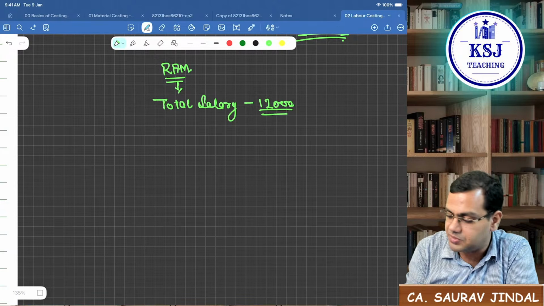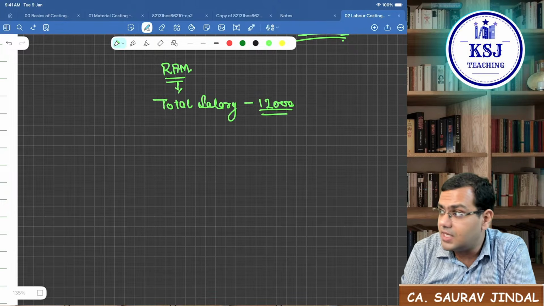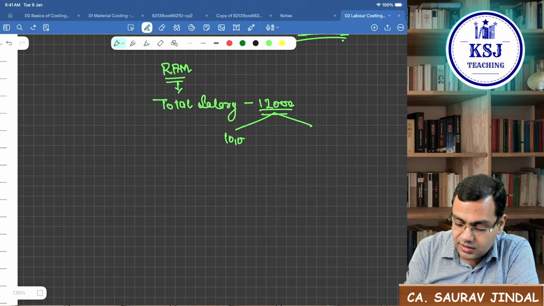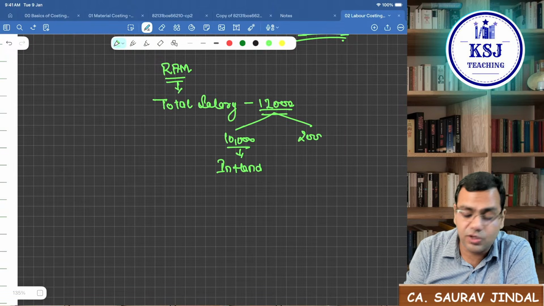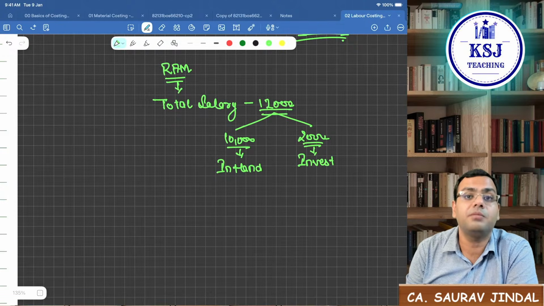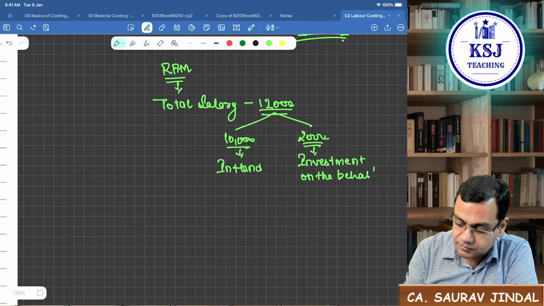Ram is happy. Ram says, okay, sir, I'll take 12,000. But the employer says that out of this 12,000, sorry, 10,000 I will give you in hand. And this 2000 rupees, I will invest on your behalf. This is your investment on behalf of the employee.